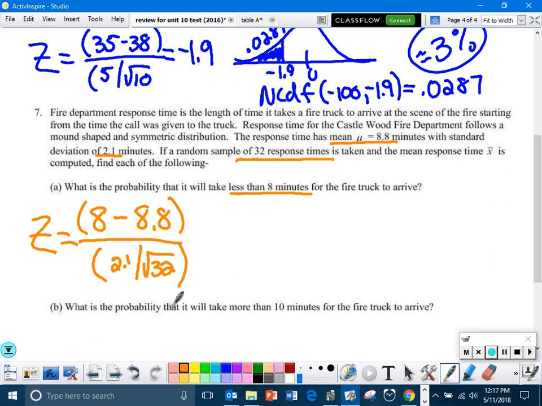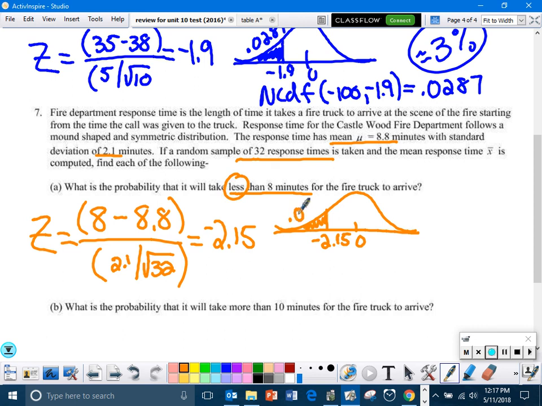Okay, I'm dividing by the square root of 32 because that's how many response times there are. That gives us, okay, now less, shade left, and that will be the same thing with the calculator.